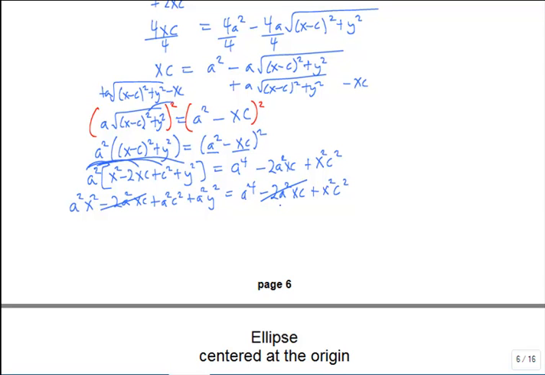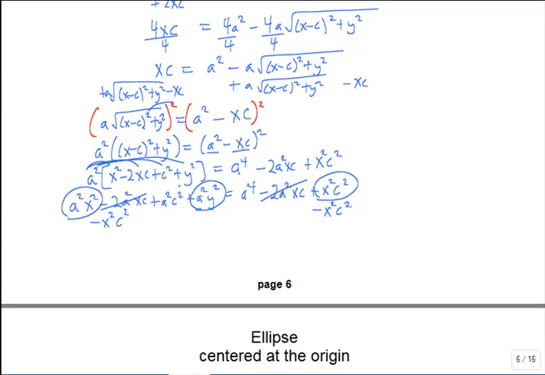So the next thing that I'm going to do is try and get my x's and my y's on one side of the equation, and anything that doesn't have an x or a y, I'm going to move to the other side. So I have an x term here and a y term here, so I'm going to leave those where they are. This has an x, so I'm going to subtract it over to the left side.